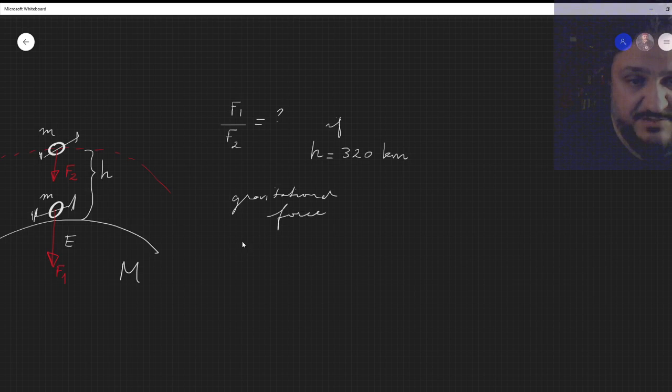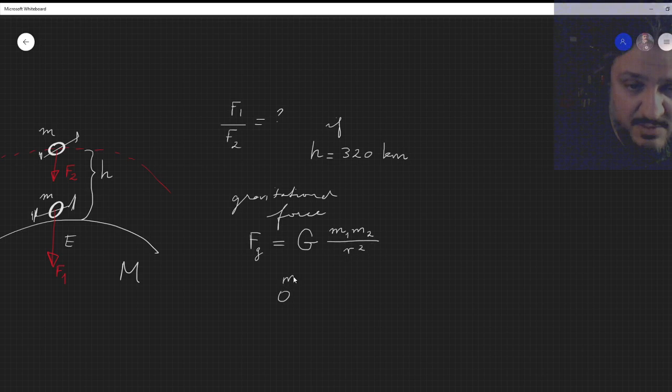Okay, F in general, or Fg, is equal to, if you remember from the video last time, we have a universal constant, Newton's universal constant for gravity, and then you have one of the masses, m1, let's say, and then m2, and you divide this by the square of the distance between them.